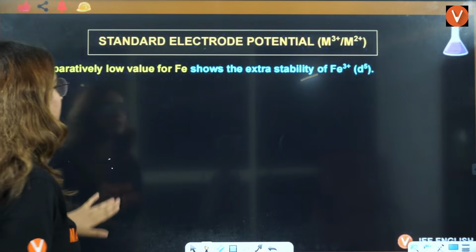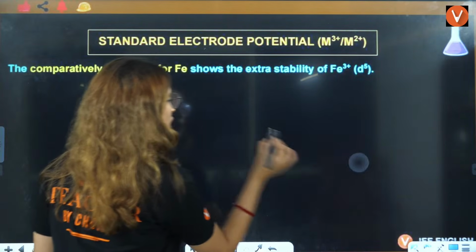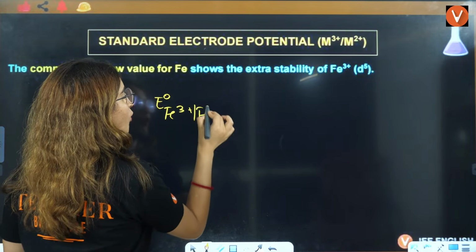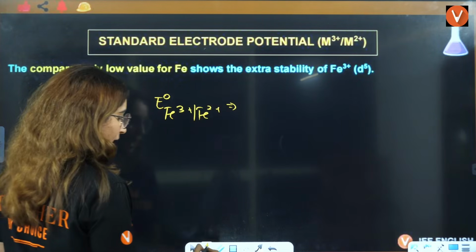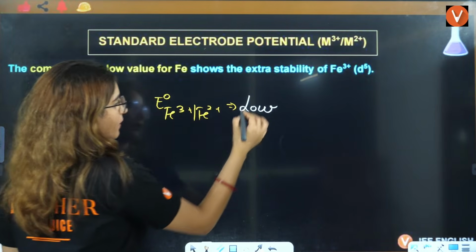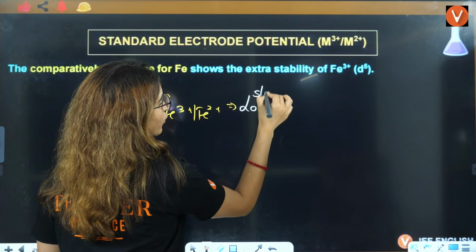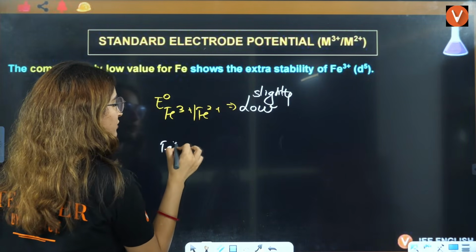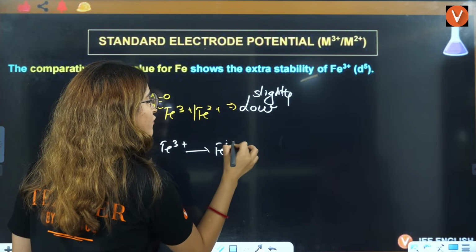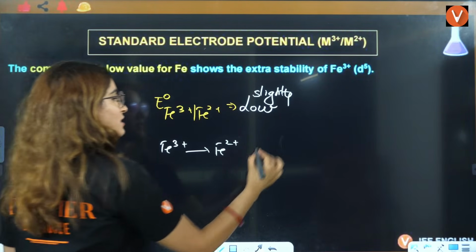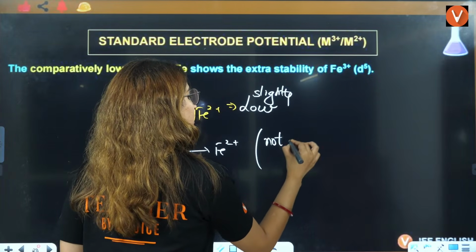Again, E naught of iron 3+ to 2+ is comparatively slightly low. So we can say Fe3+ to Fe2+ is actually not that easy.